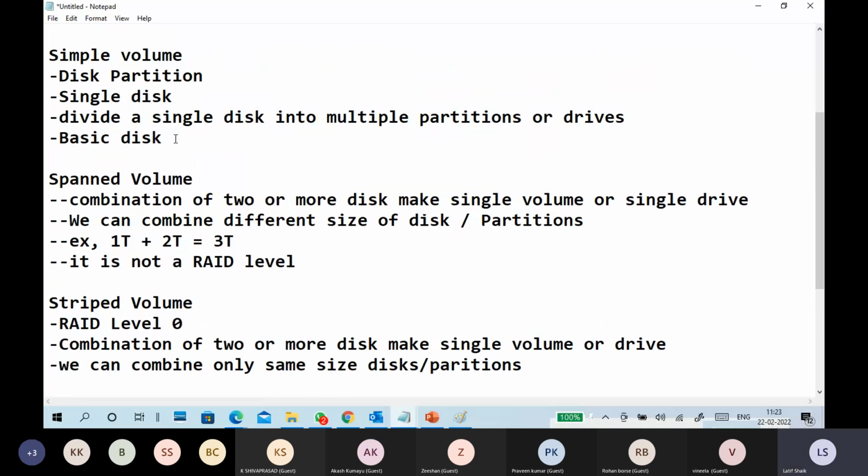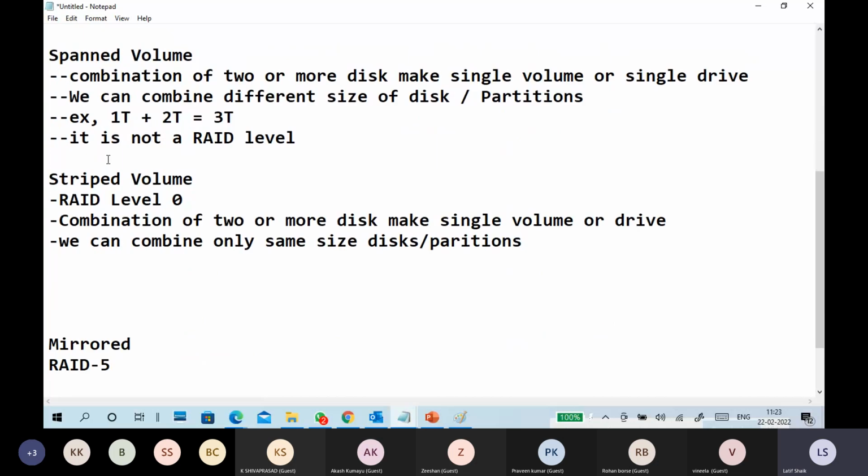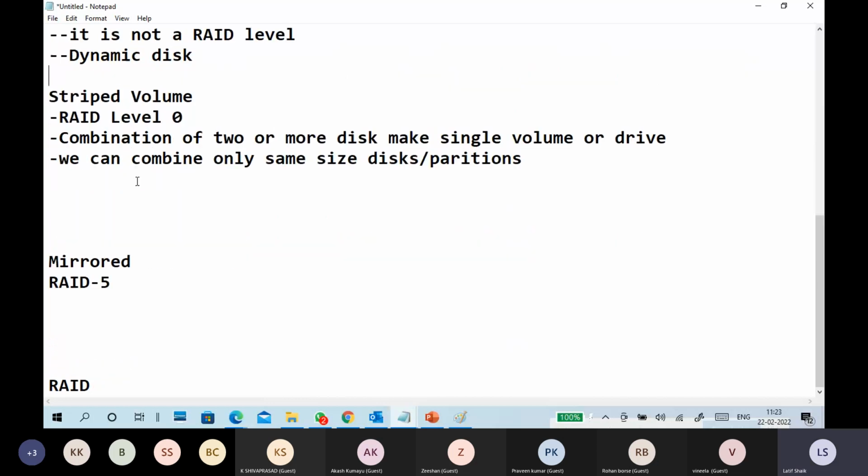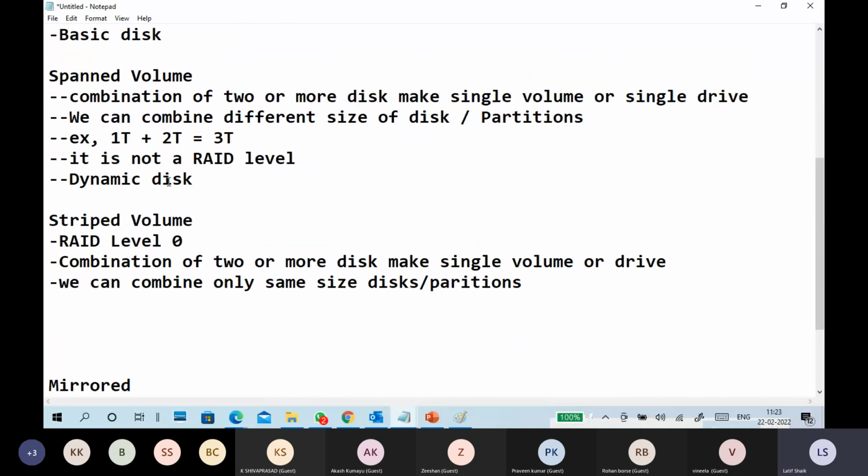For spanned volumes, you need a dynamic disk. These are all designed with dynamic disks only.